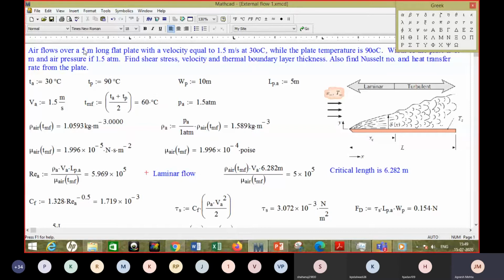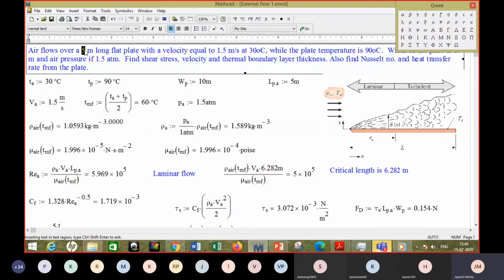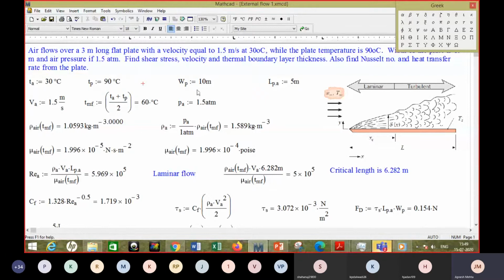What I'm doing now is changing the length of the plate, because in this example I don't want the formula for mixed flow boundary layer. We'll be taking an example for that also; that is the next example we'll be doing. As of now, I'm changing it to 3 meters length, and I expect that the flow is laminar till the end of the plate.